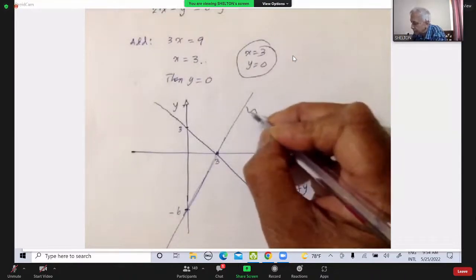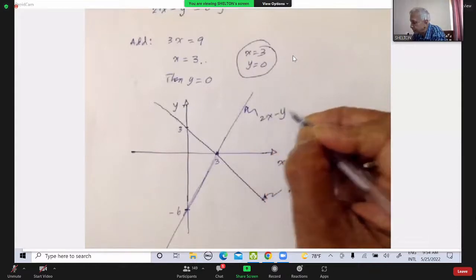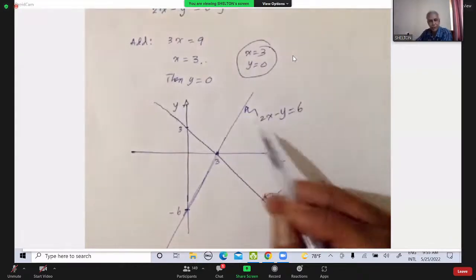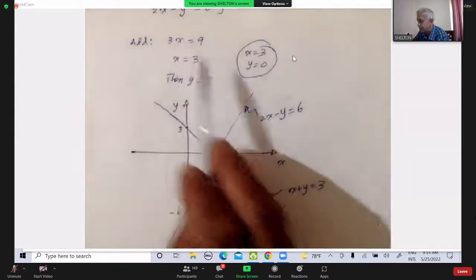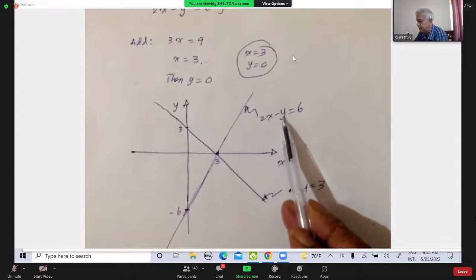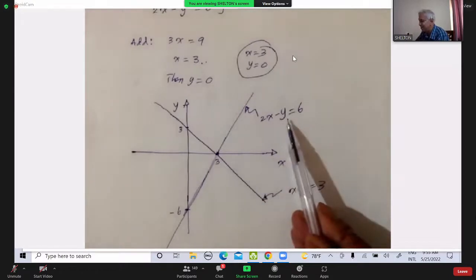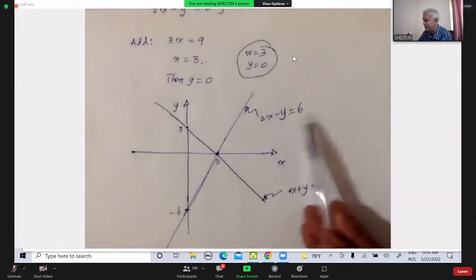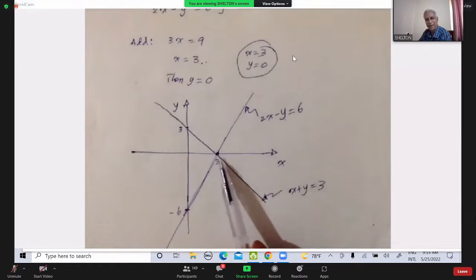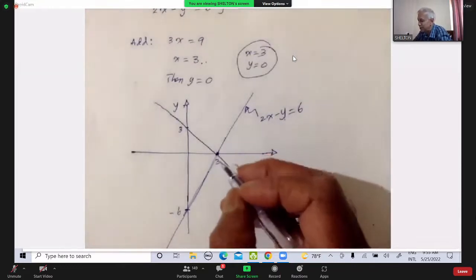How did I draw the two lines? I just put x equals 0 and found y, which is where it crosses the y-axis. Then I put y equals 0 and found x. For both equations, the line goes through the same point on the x-axis.